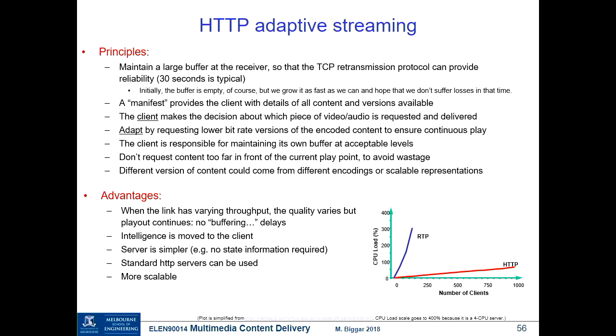And as you see, as we increase the number of clients for RTP, the CPU load rises dramatically, so we can accommodate many more clients using HTTP. Of course, I haven't got all the details of the simulation, but the comparison is stark. And we don't have firewall problems with UDP that I mentioned can occur with UDP because everything's on TCP, so everything gets through.